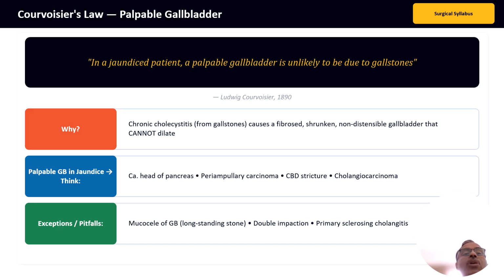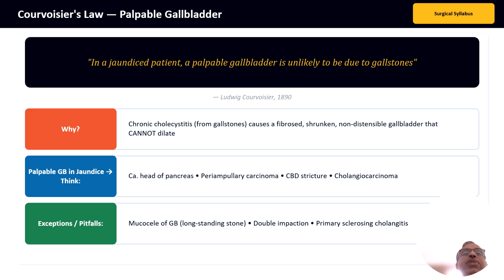A palpable gallbladder in jaundice is most commonly due to carcinoma of the head of the pancreas, or other periampullary carcinomas like carcinoma of the duodenum, or ampullary carcinoma, or carcinoma of the terminal common bile duct. It can also be seen in CBD stricture or cholangiocarcinoma, as discussed. So when you have a patient with jaundice and the gallbladder is palpable, think of a malignant cause of obstructive jaundice as the important underlying etiological agent.